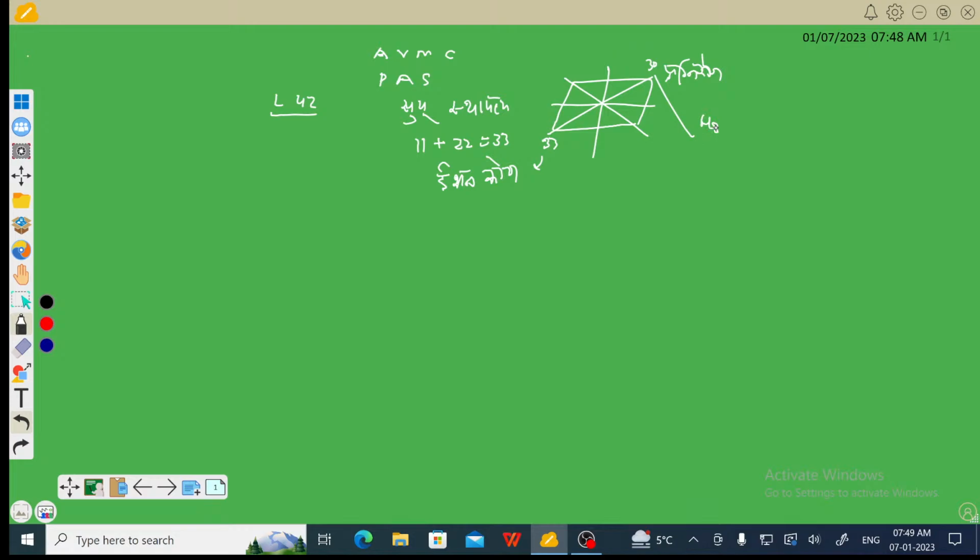So this Sthapatya will take us along this. It is going to be the northeast. So southwest to northeast is going to be the direction of this Sthapatya.